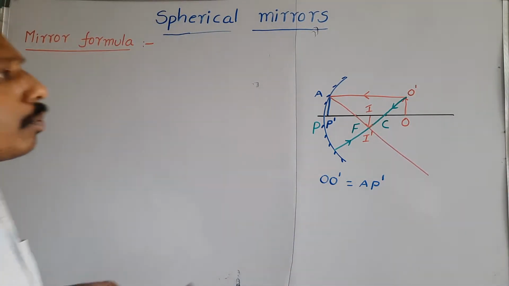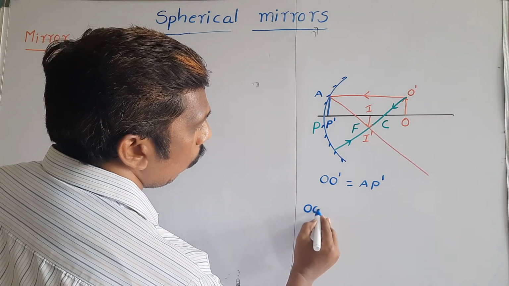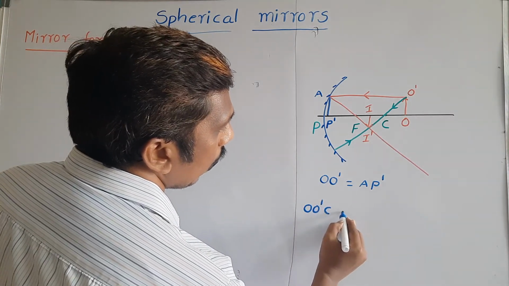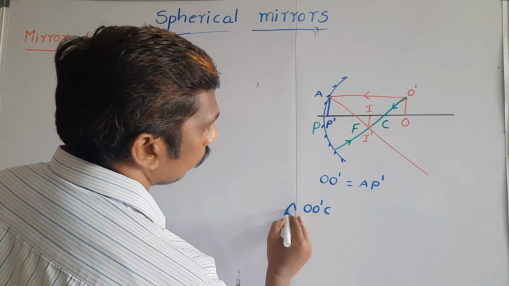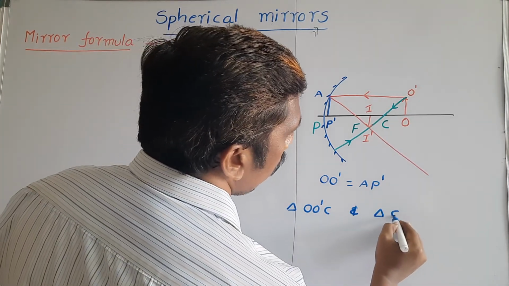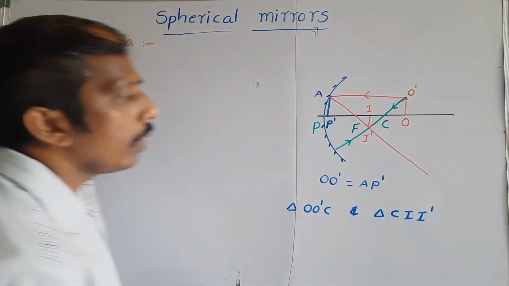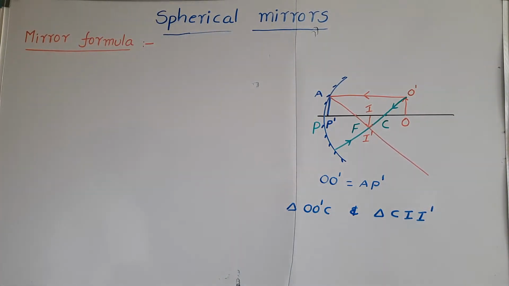So here, what are the similar triangles? I am taking the similar triangles O dash C and triangle I dash C. These two are the similar triangles. In similar triangles, the ratio of sides is equal.